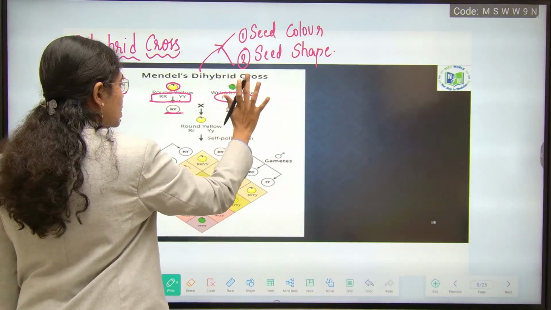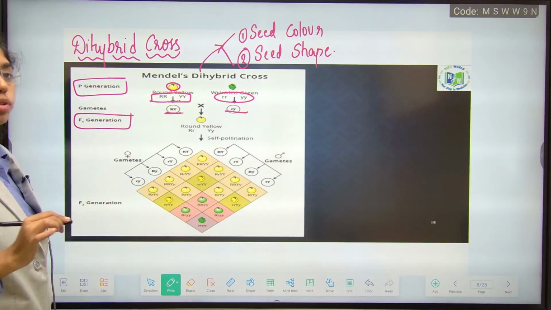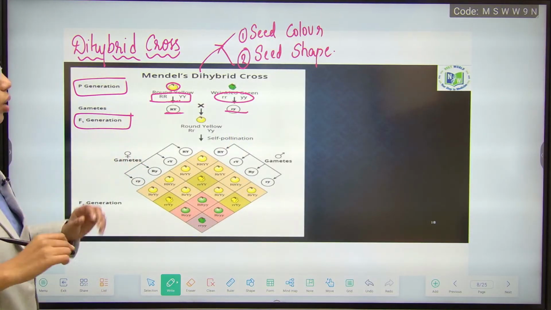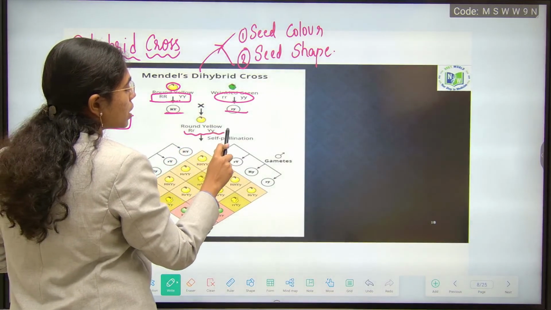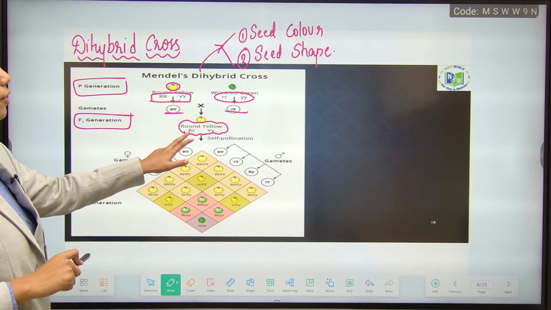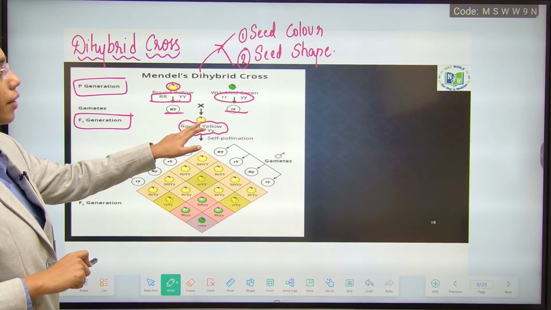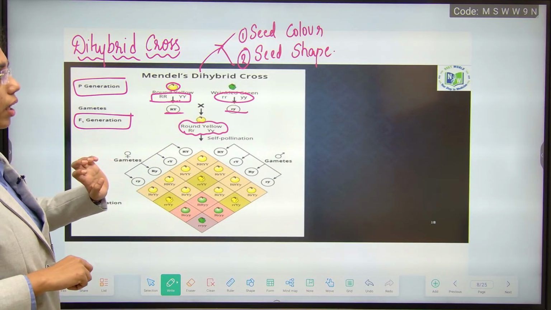These are the gametes, and in the F1 generation, the same case that you have observed in the monohybrid cross, the same thing you will observe here, that all the offspring of the F1 generation show the dominant phenotype only. The dominant phenotypic expression here is round seed and yellow seed color.